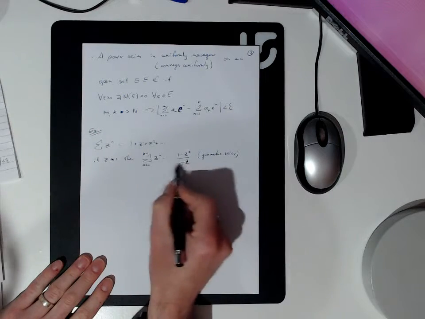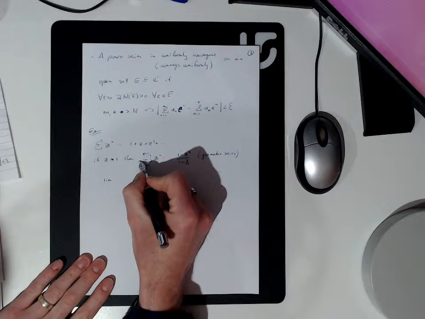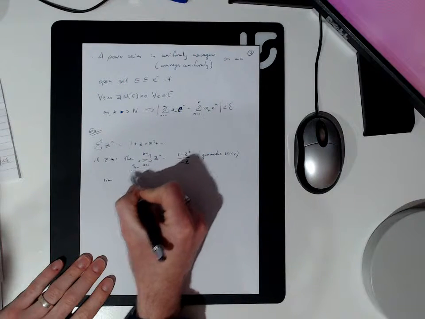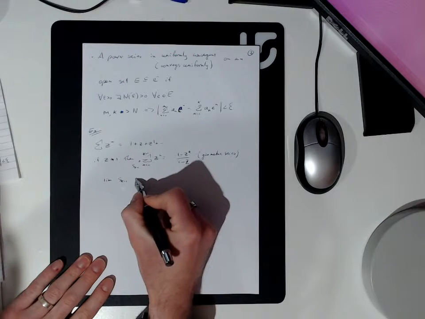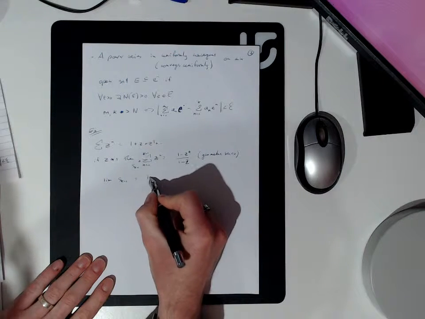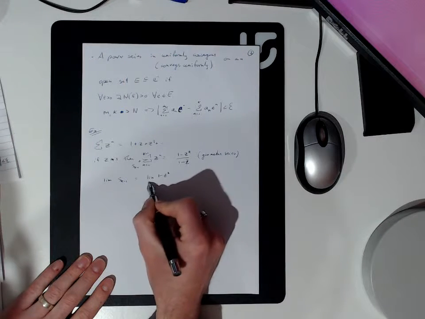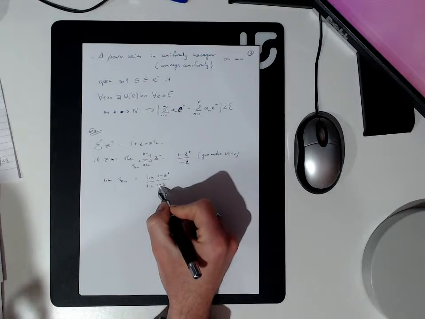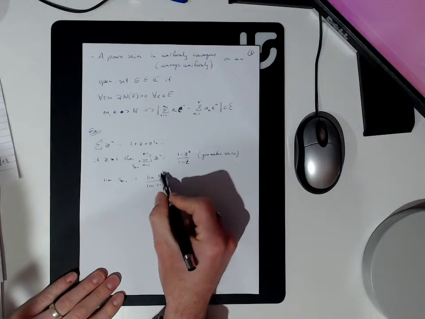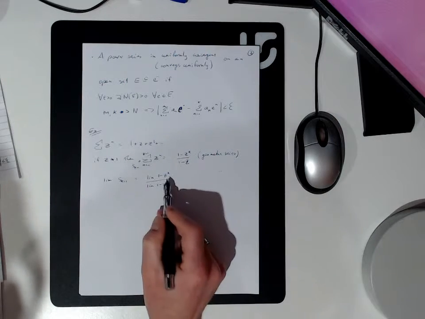Alright, and this form tells us that the limit of the partial sums, I'm going to call this the partial sum s_{k-1}, we can distribute above and below: the limit of z^k over the limit of 1 minus z. The limit of the bit below is just 1 minus z. The limit of the bit above, well, not certain.